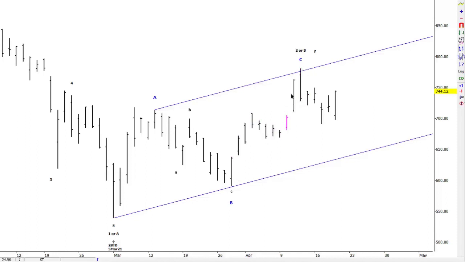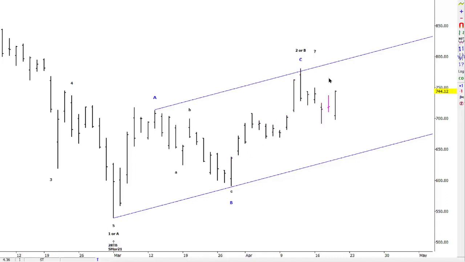The first thing we look at, can this be a wave C if it's subdivided into 3 distinct sections? Typically, it's not. Typically, a wave C should subdivide into 5 sections, not into 3 sections. So we have a question mark here.